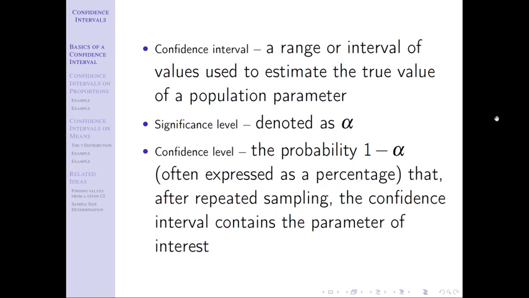So if I were to say that my confidence interval on a proportion went from 30% to 60%, okay? By definition, we think that the true value of p falls between 30% and 60%, but how sure are you?